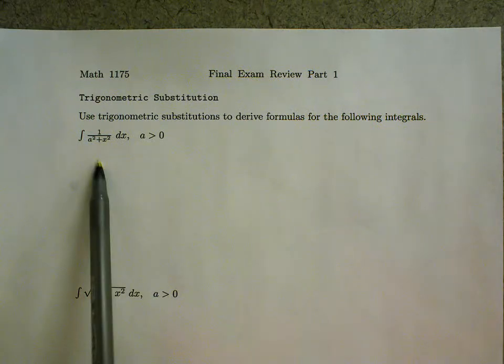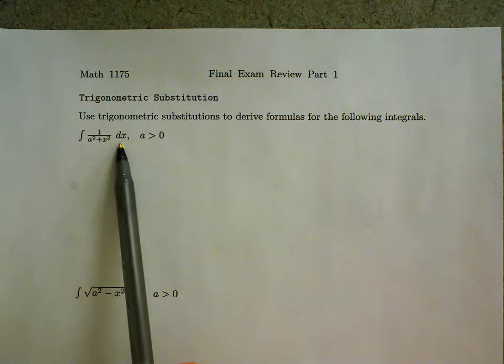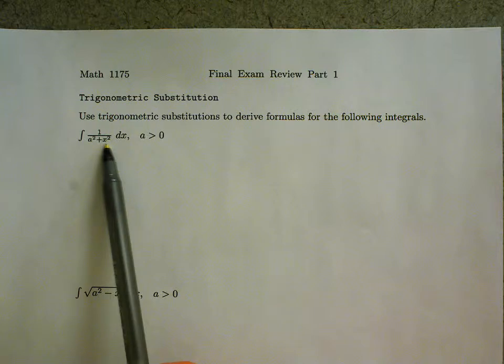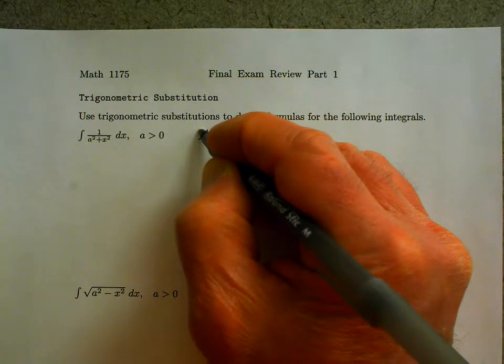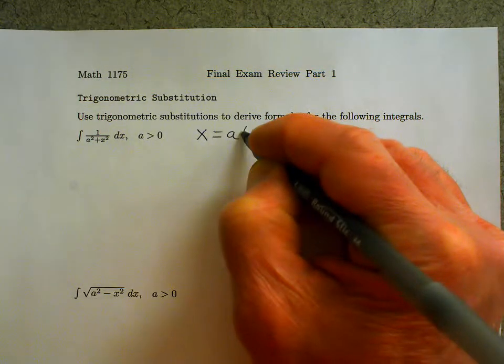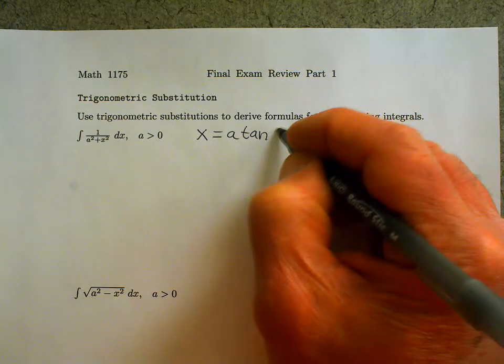So for this indefinite integral, 1 over a squared plus x squared dx, since we have a squared plus x squared, we can pick x to be a times tangent of a different variable than x. So I'll just pick theta.